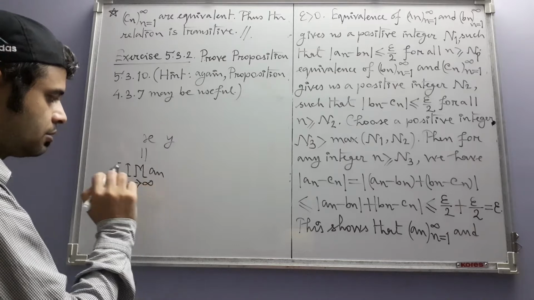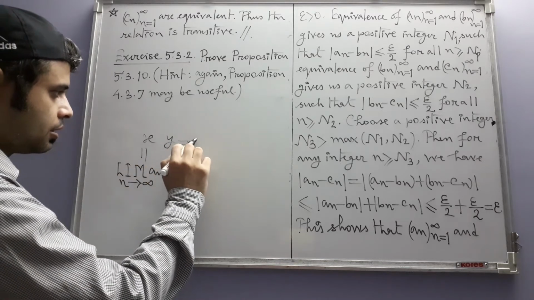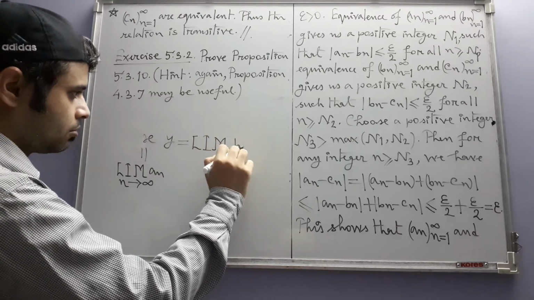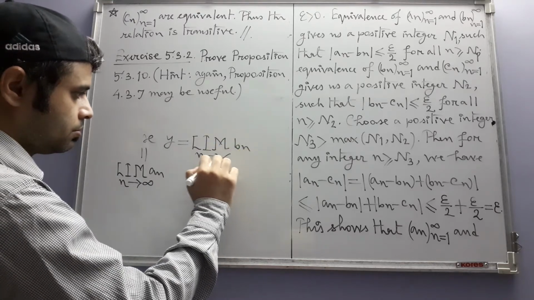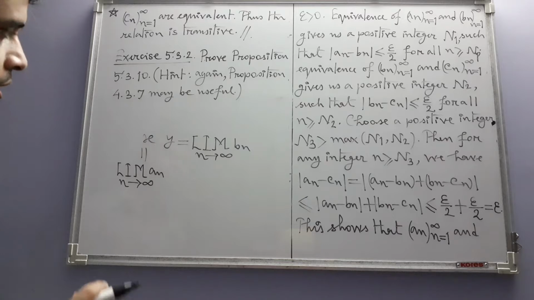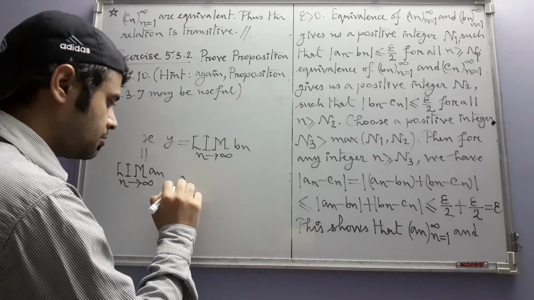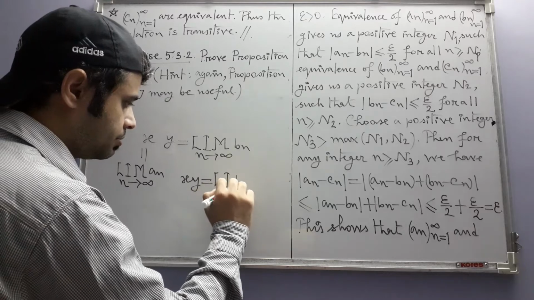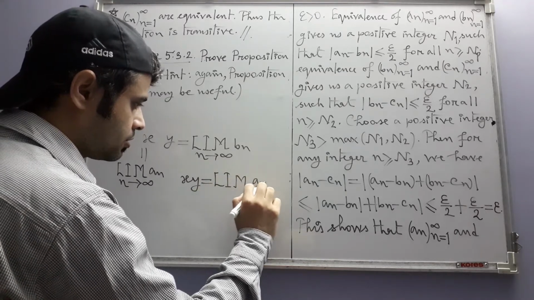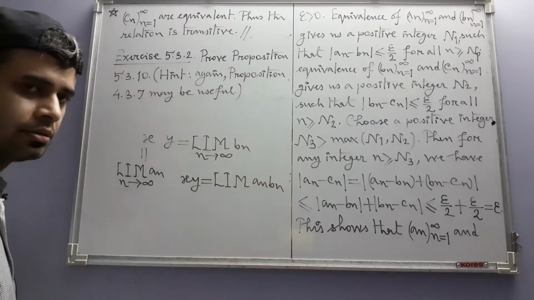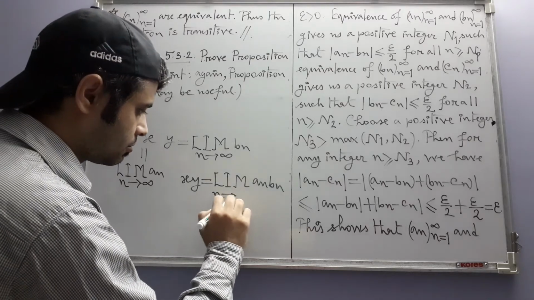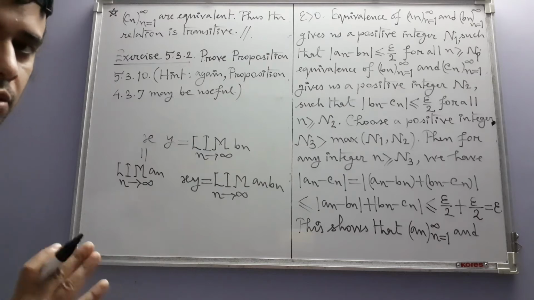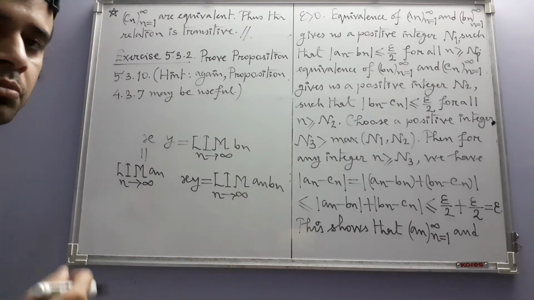One of them is an and the other is bn. Then, according to our definition of this product xy, it's the formal limit of the sequence whose terms are an bn. Oh, no, I cannot say that it's a Cauchy sequence. That's what I have to prove.